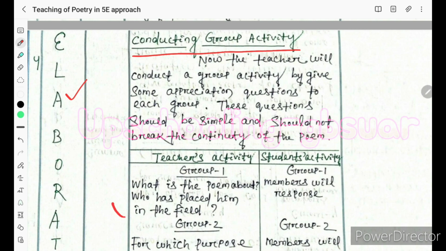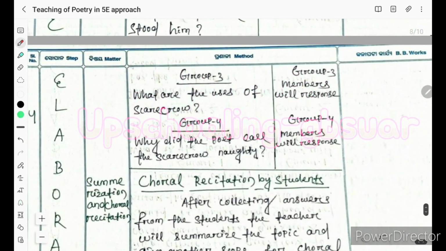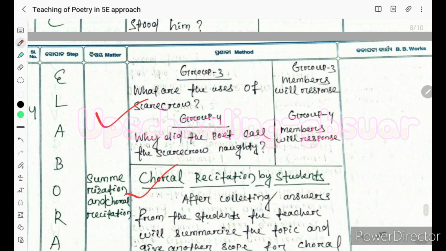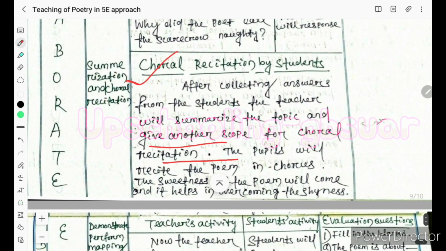After that, the teacher will discuss the answers to the questions and give them a chance for choral recitation. The pupils will recite the poem in chorus. The sweetness of the poem will come and it helps them in overcoming shyness.